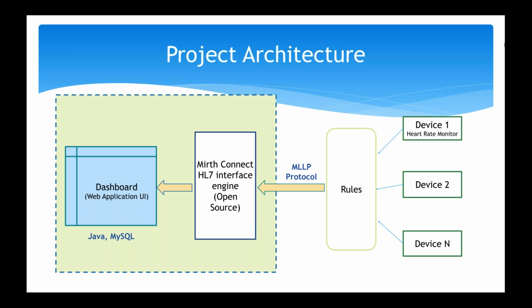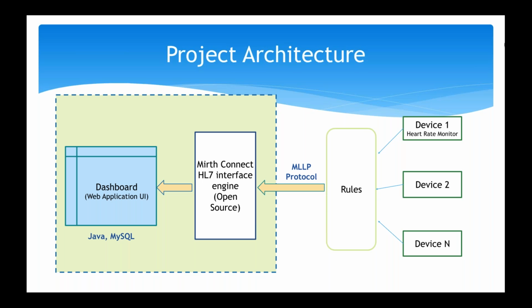For example, if the heart rate is going beyond a particular figure, a color is set. If it is exceeding the threshold level, red color is set, and likewise different rules are applied to the incoming messages, which are then sent to the Mirth connector that you can see in the green color box.